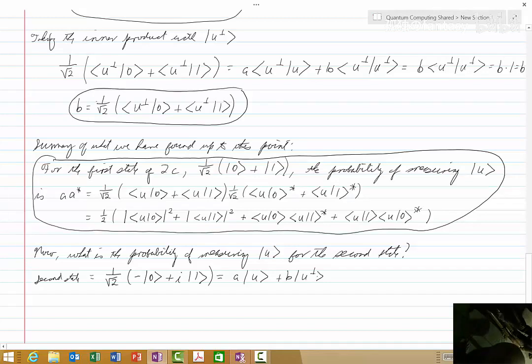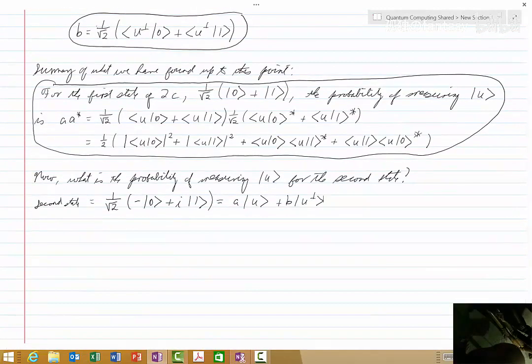Now this time I won't compute both A and B. I'm only going to compute A so that I can compare A conjugate. See, this is the crucial thing we calculated for the first one. I want to calculate A conjugate for the second one and see how to make them different. Because remember, our goal is to find a way of measuring these so that they will give different probabilities, and also to give those probabilities. So let's see what happens now.